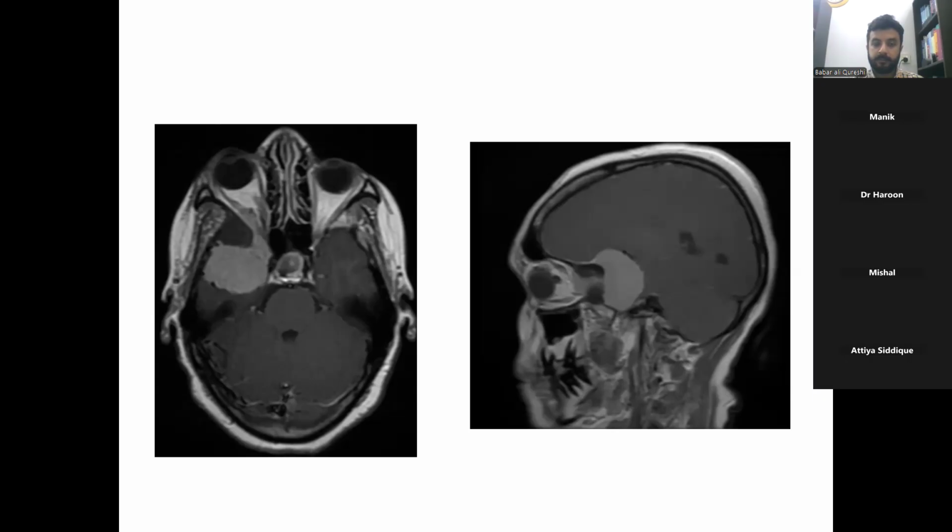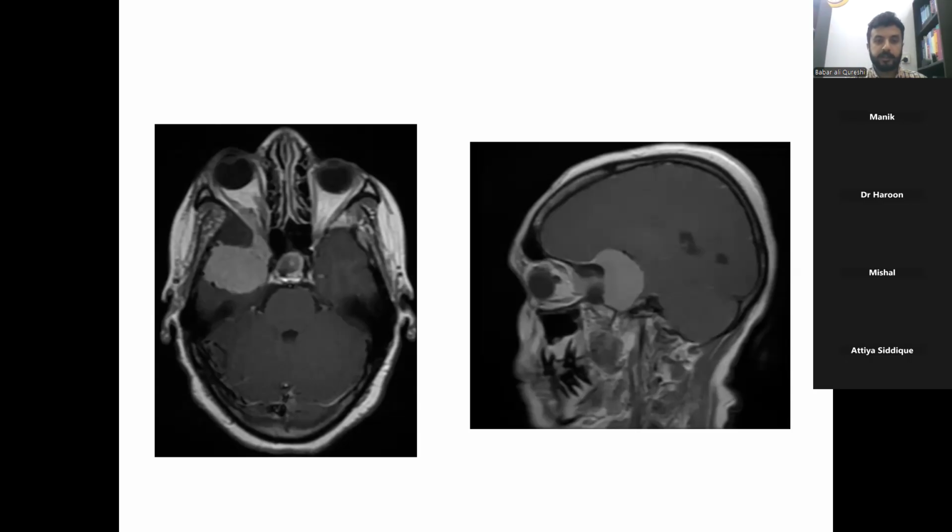On the sagittal cut, the lesion has a dural tail sign, and it's arising from the skull base, anterior cranial fossa. I cannot read that sagittal image very properly.